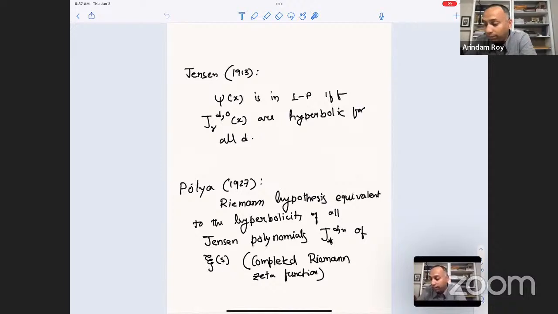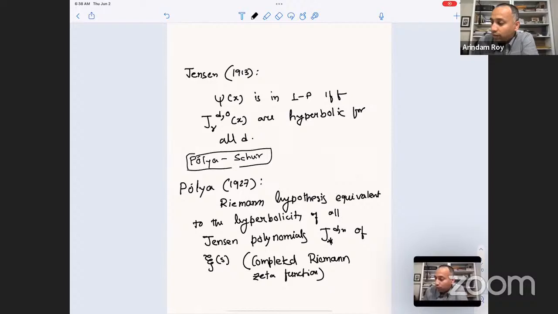There is another result by Polya and Schur, and Schur is, I think, a famous name among combinatorialists. They showed that if this is hyperbolic, then you can take the derivatives and they are also hyperbolic, if I recall the result correctly.